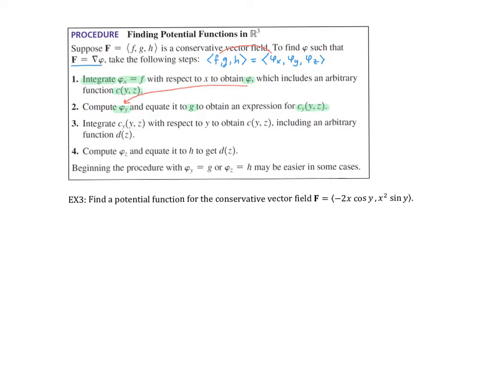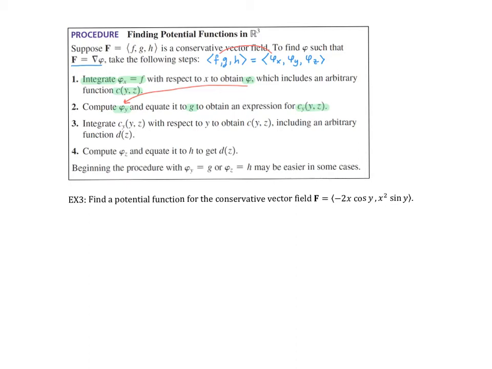So at this point, if you haven't guessed what your potential function could be, then you would go to step 3. So these steps are integrate, differentiate, and you just keep doing that until you find your function.